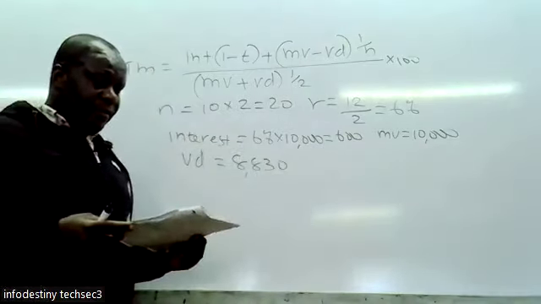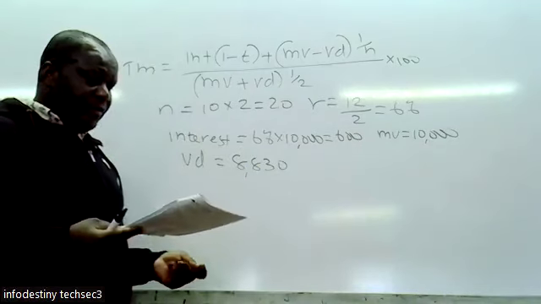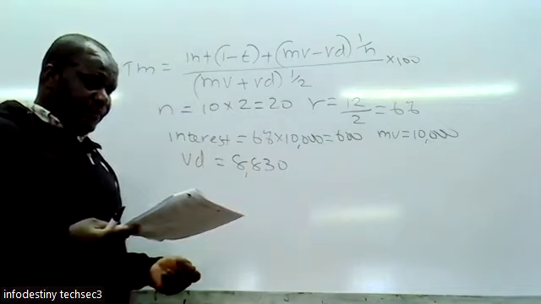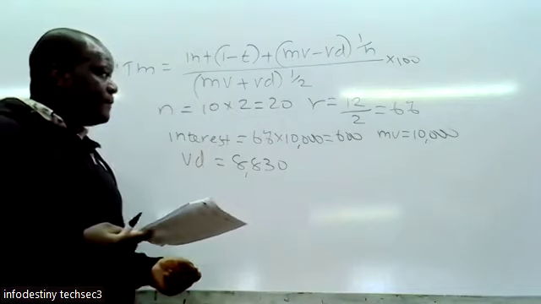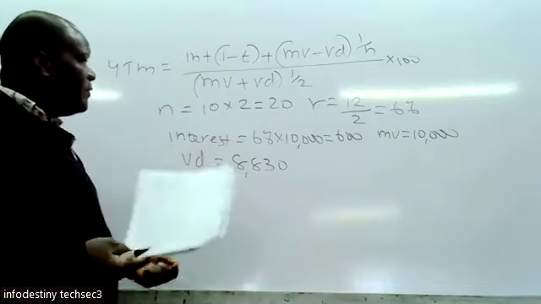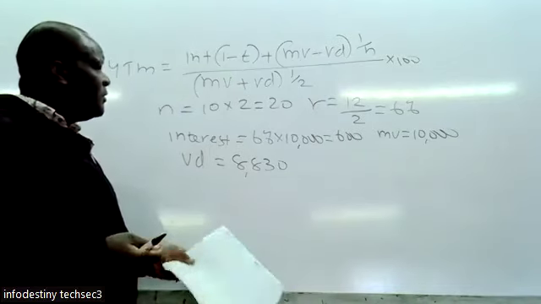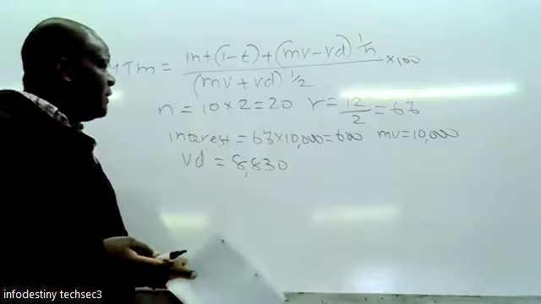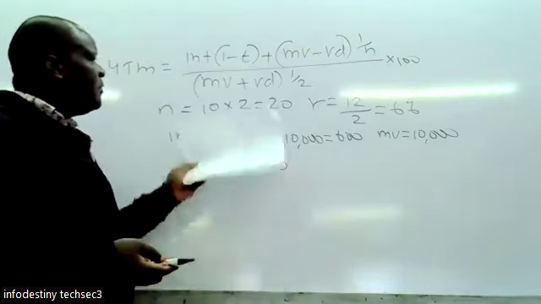Then cost of capital. It is not given, and it's not required, so we shall not bother about it. So N is given as 20.